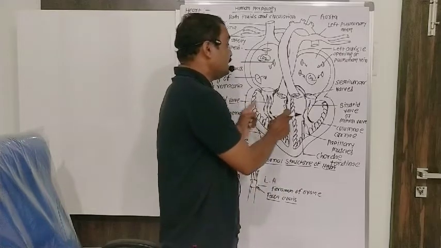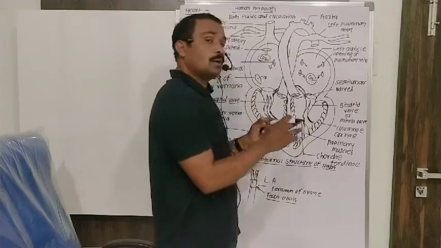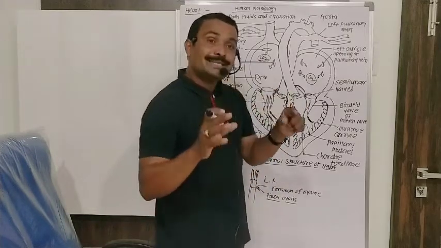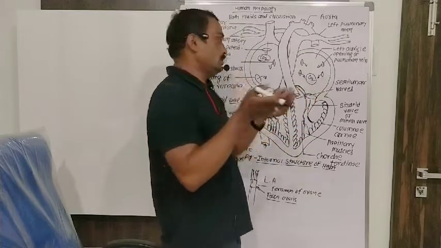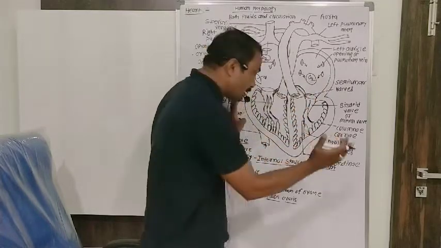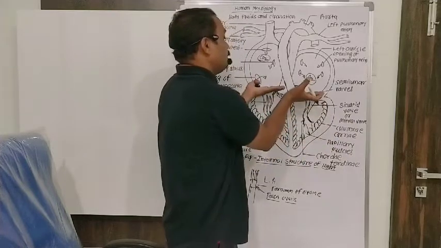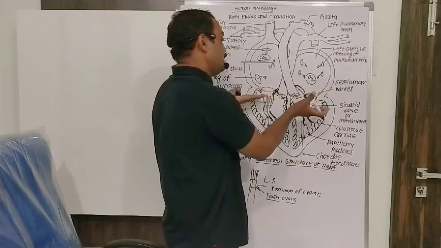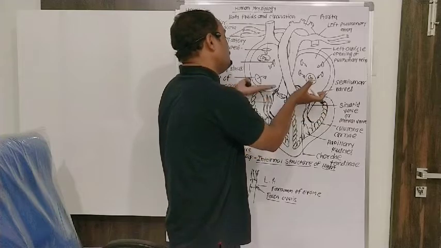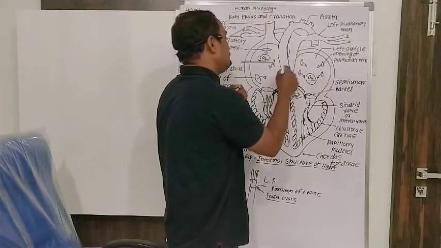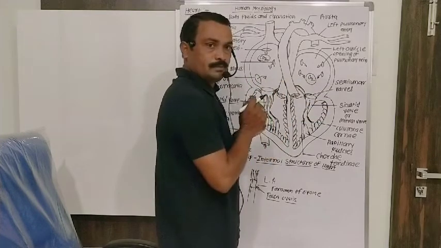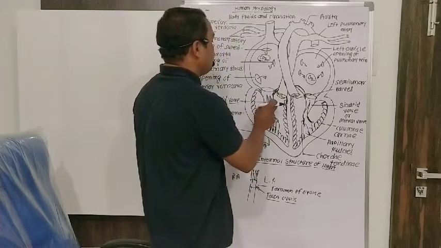The chordae tendineae are useful to keep the valves in their proper position during ventricular contraction. When the ventricle gets contracted, the tricuspid and bicuspid valves get closed, closing the openings between auricles and ventricles. Yes, here the chordae tendineae are there.